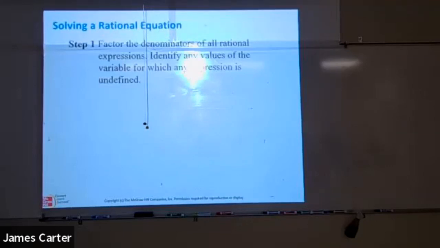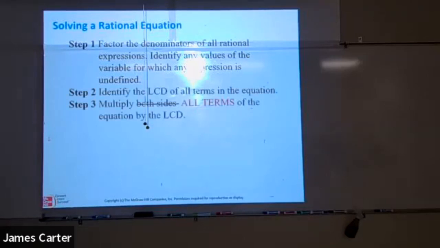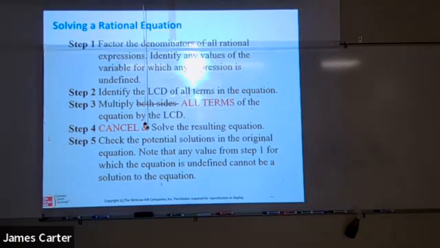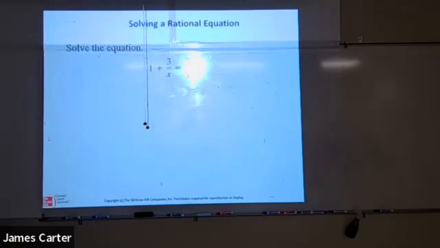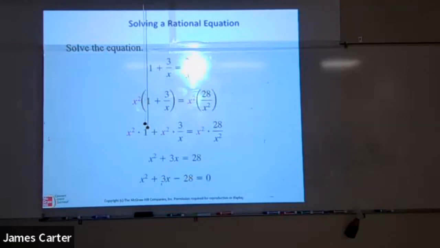Well, there's another one. And this is just stating what I said already. LCD, multiply all terms, cancel, and then simplify. More of the same. Here where we found the common denominator, we're multiplying all terms.